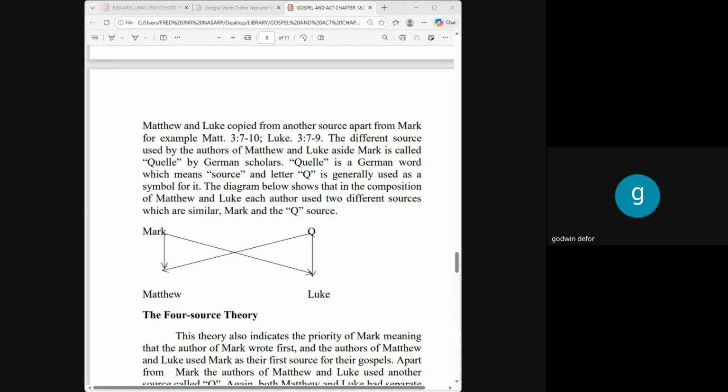So the four source theory is saying that Mark wrote first, and the authors of Matthew and Luke used Mark as their main source for their work. And apart from Mark, Matthew and Luke again used the Q source.